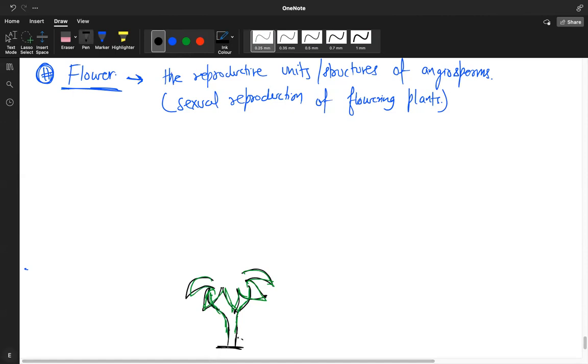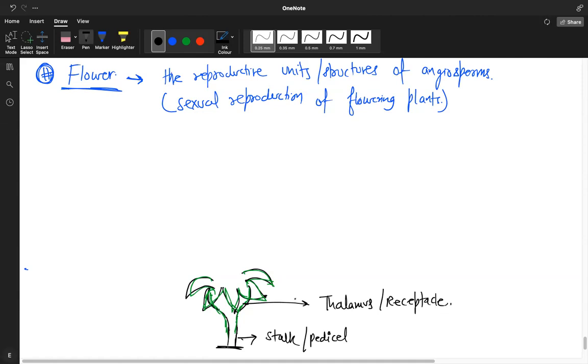Like a flower. What attaches is called a stalk or pedicel, right? And this swollen part here is called thalamus, or it is also known as receptacle.